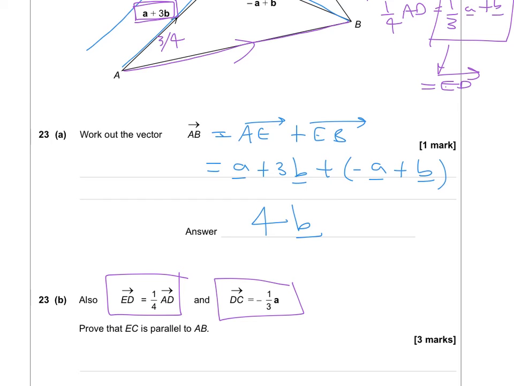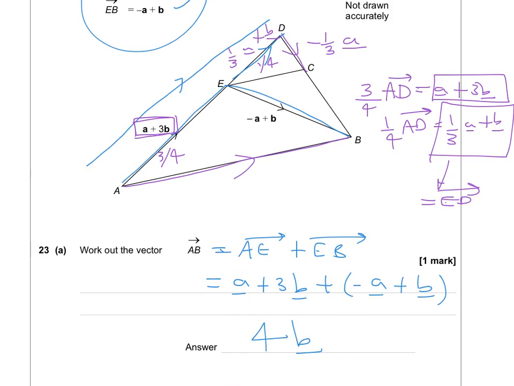We have to prove that EC is parallel to AB. Now the vector EC, as you can see from the diagram here, is ED plus DC.